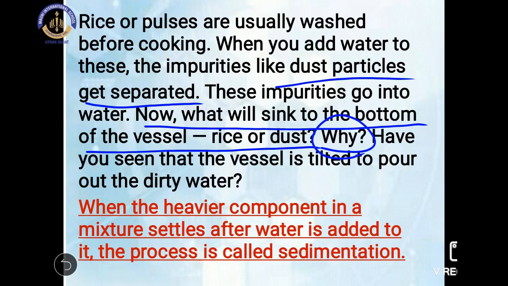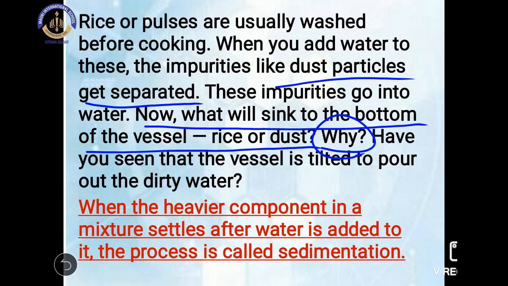Have you seen that the vessel is tilted to pour out the dirty water? This process is also done by your mother when she cleans the rice. She tilts the vessel to pour out the water which has the dust impurities.